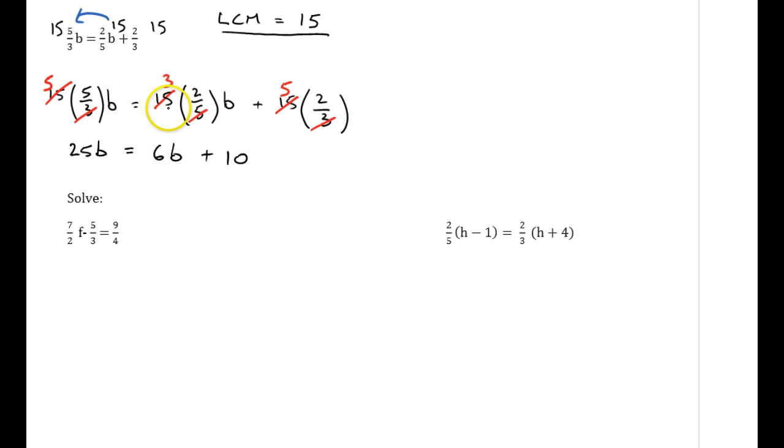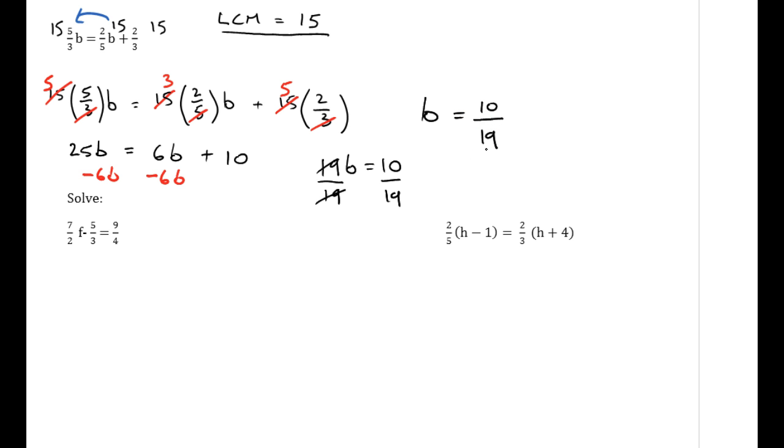Now I have to subtract the 6b to get it over here, and finally I have 25 minus 6, that's 19b equals 10. Then my final answer is to divide both sides by 19. This gets rid of the 19 here, and b equals 10 over 19.